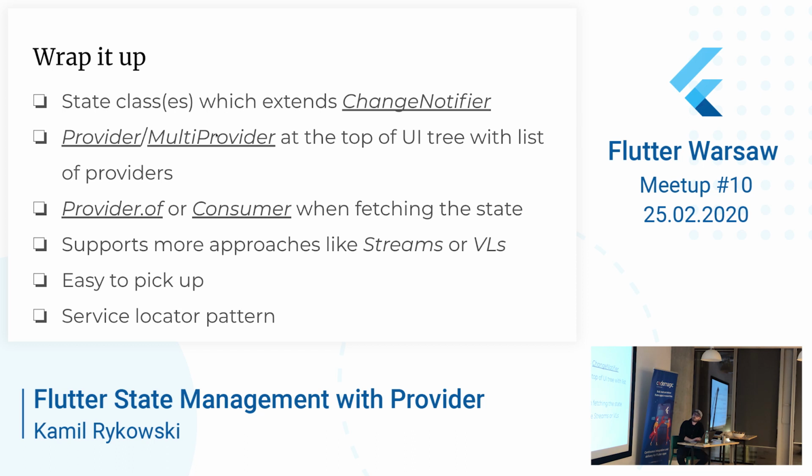Use the provider or multi-provider at the top of the UI tree. The multi-provider is just syntax sugar to provide multiple provider classes down the tree. Use the provider of or consumer when fetching the state and wanting to be notified when the state changes. What's the difference between these two? There is none. So basically, use the one which works better for you, and that's it.